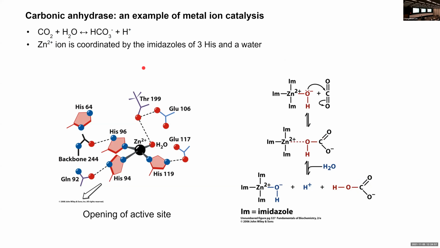All right. Here's another example of metal ion catalysis, which is carbonic anhydrase. This enzyme, carbonic anhydrase, gets rid of a water molecule from carbonic acid.